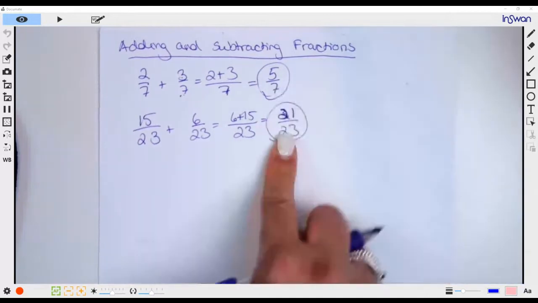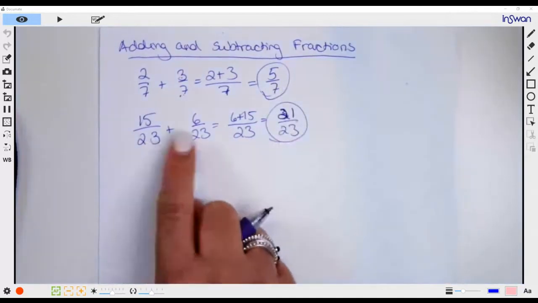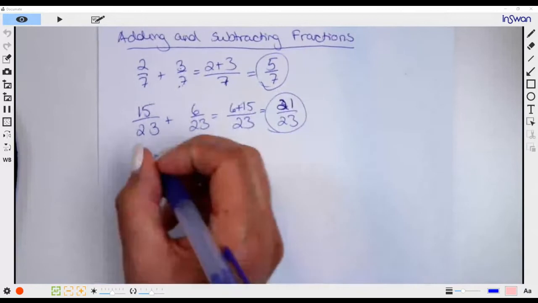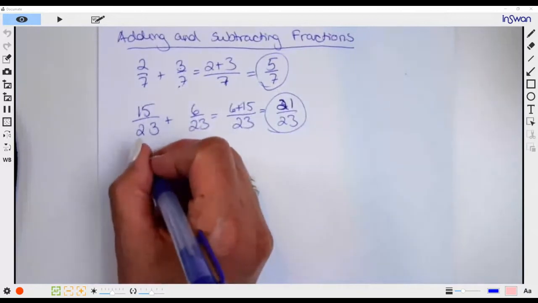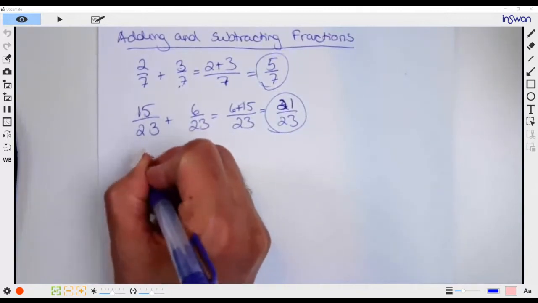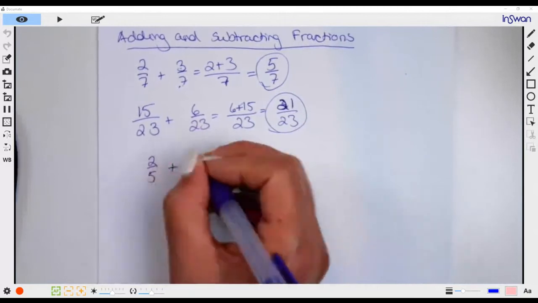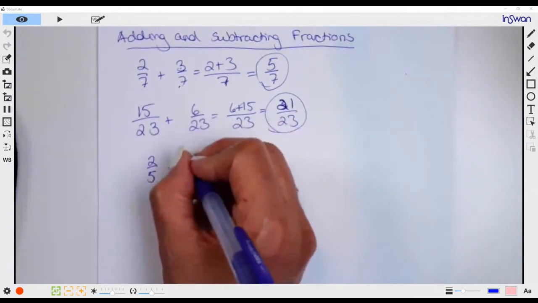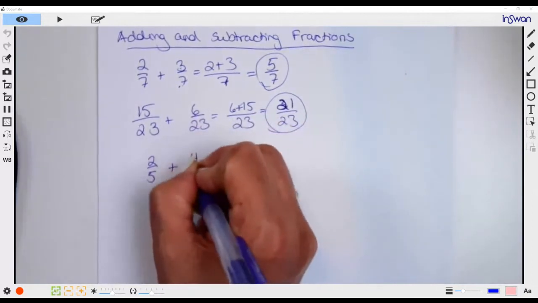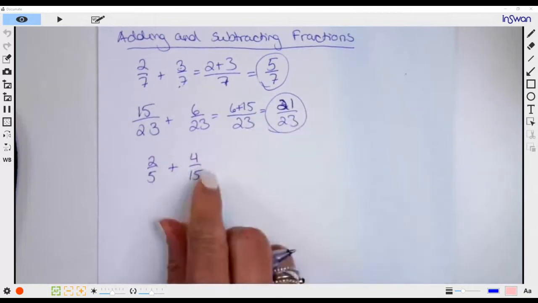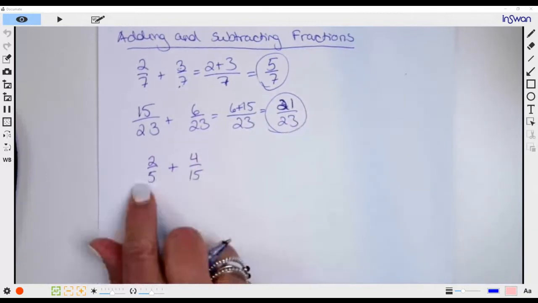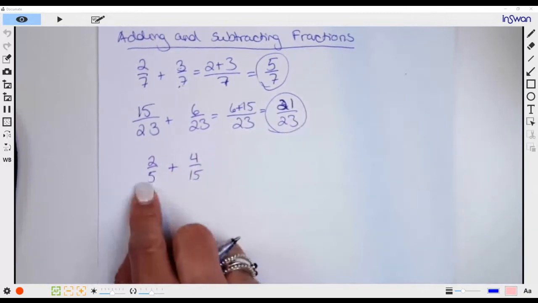Okay, so now what if we don't have a common denominator? So for example, if we have 2/5 plus, let's put 4/15. So we need to make a common denominator for both of these.